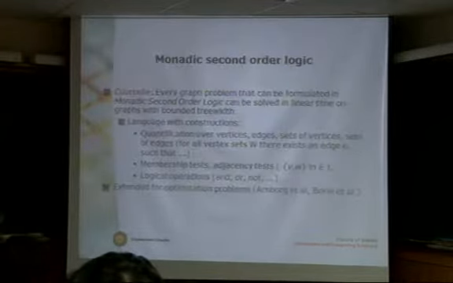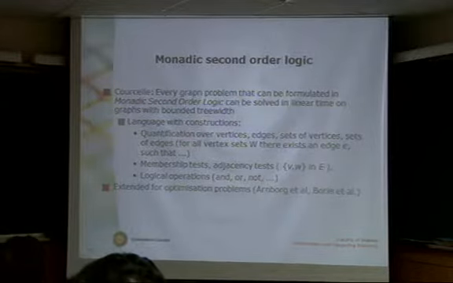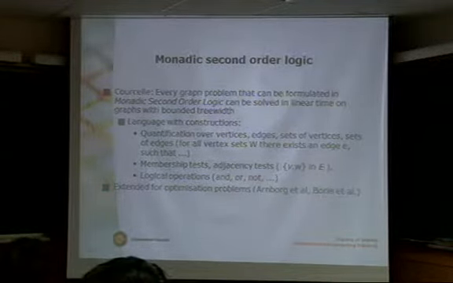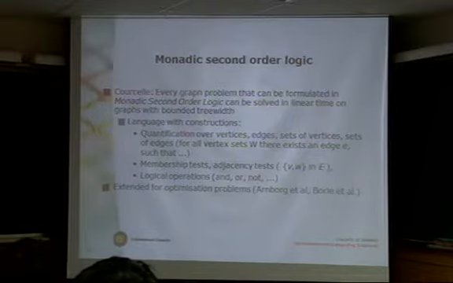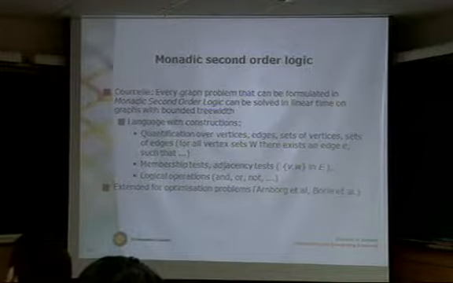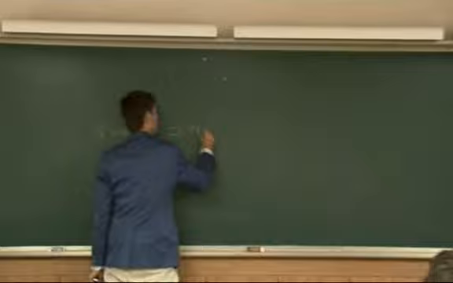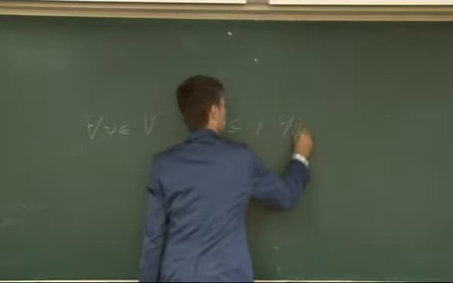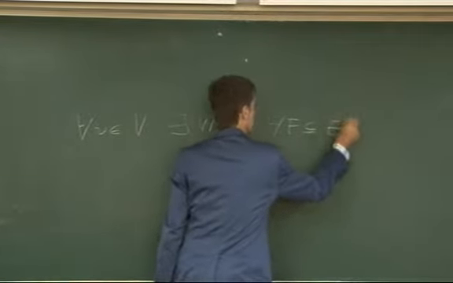So monadic second order logic is a language in which you describe graph problems, and you can have lots of constructs like for all sets of vertices, or there is a set of vertices, or for all sets of edges.